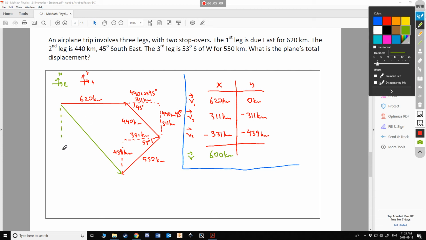So if I were to draw this x and y component for a resultant vector, that is 600 kilometers. In the y direction, we end up with 750 kilometers. Negative though, that's down. This is 750 kilometers.